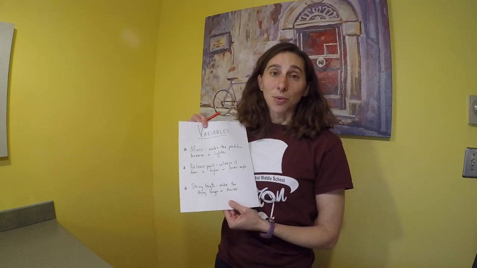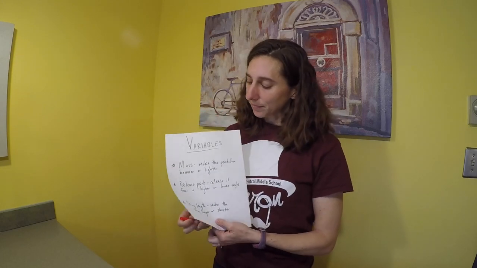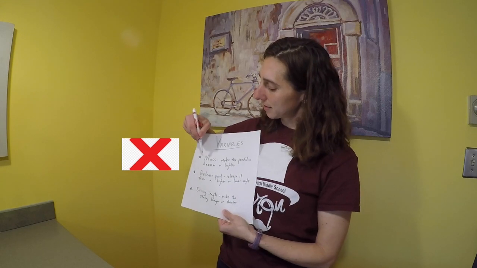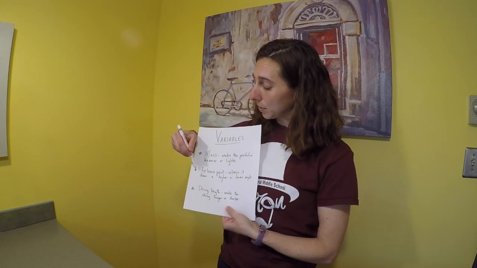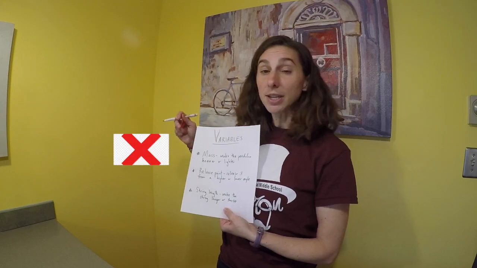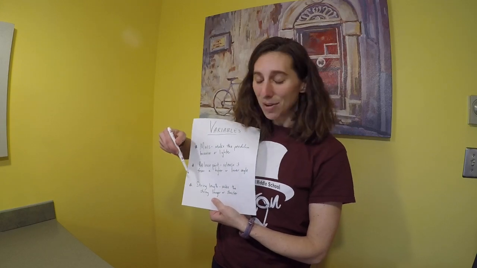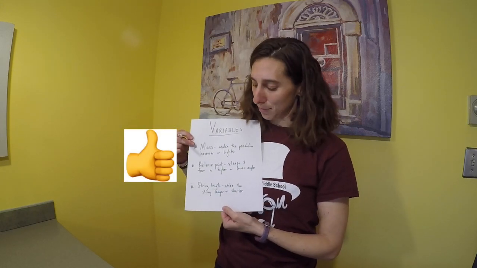We only tested one at a time since this is a controlled experiment. We found out that the mass does not affect the number of cycles. We found out that the release point does not affect the number of cycles, but we found out that the string length does affect the number of cycles.